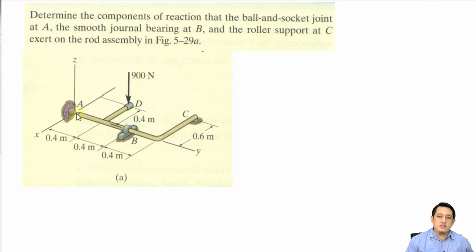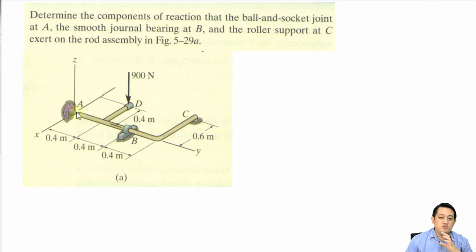If A here, when we want to think about the reaction, we need to ask ourselves, can we move it in this direction or not? If the answer is no, it means that it will have a reaction force. So look at A here. Can we move this point here in X direction?